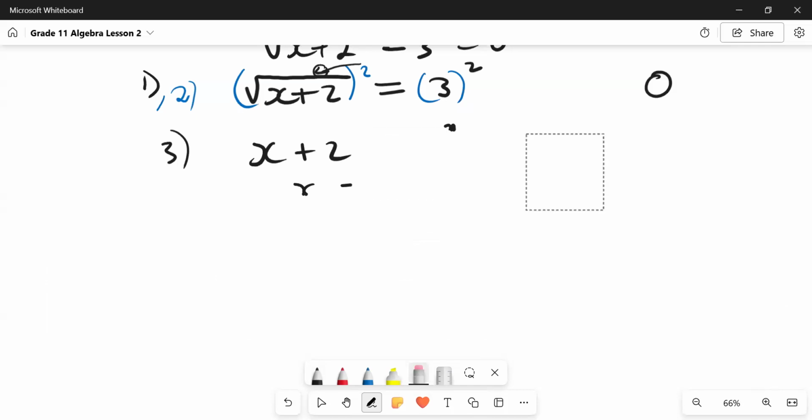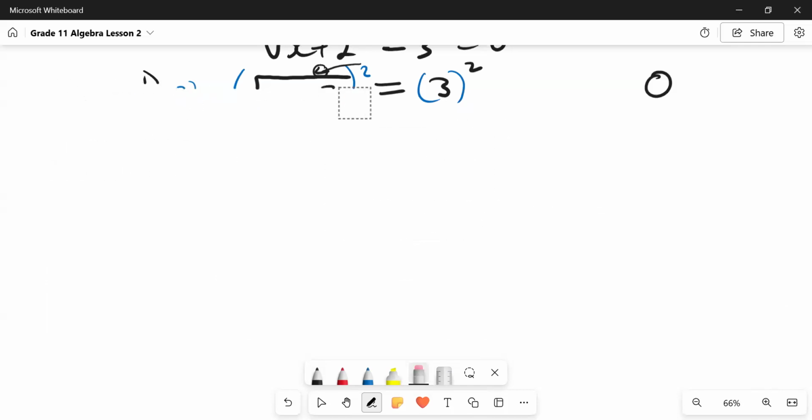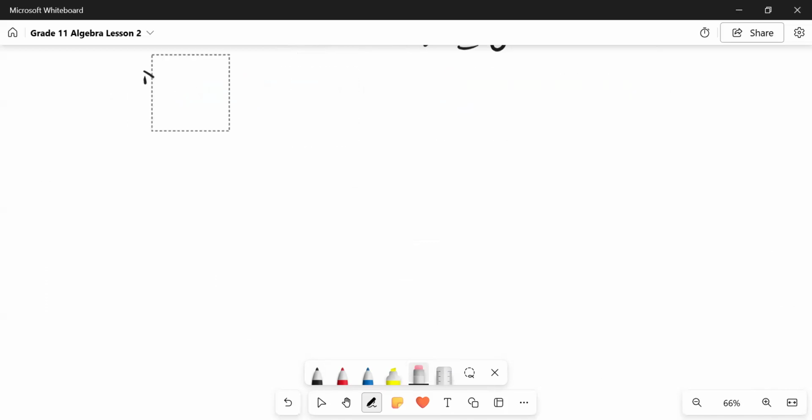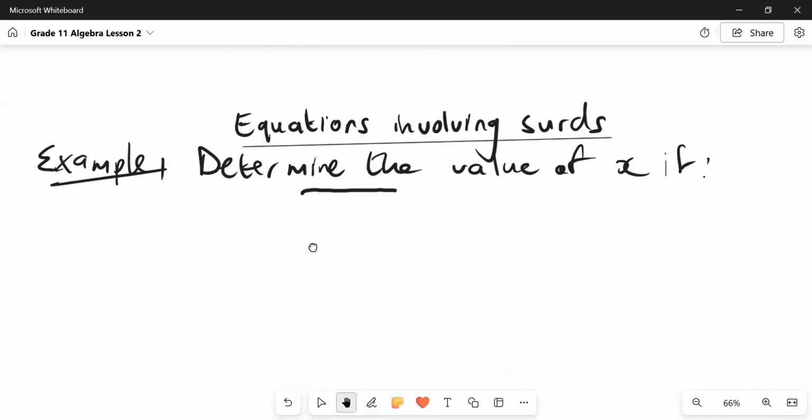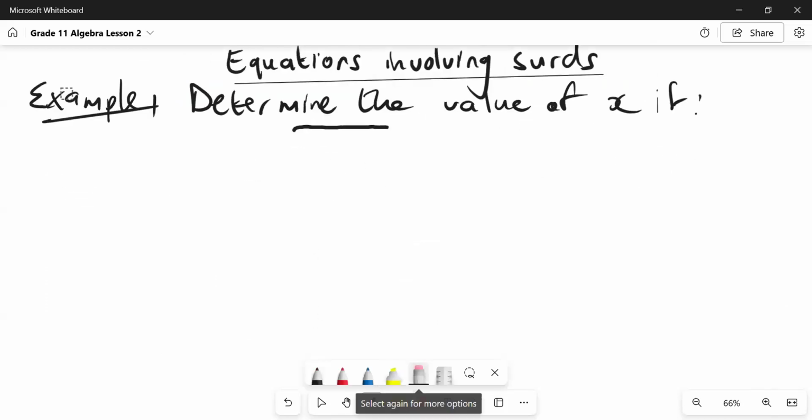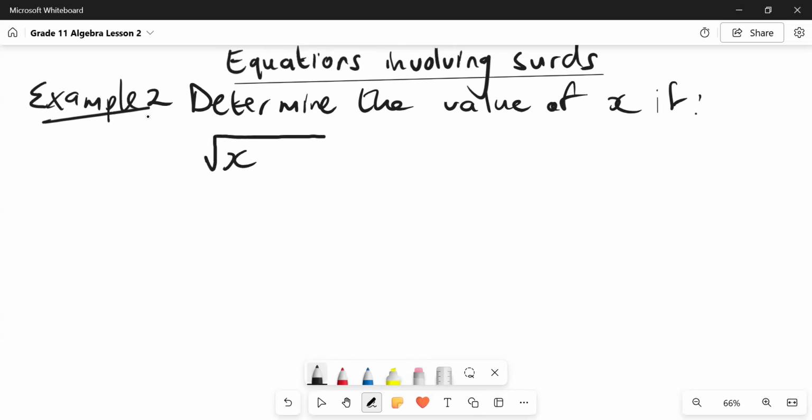Now let's move to the next example. It's the same question, but a different example. It's example number 2. For example 2, we're given root of x minus 5 plus 4 equals 8, right?